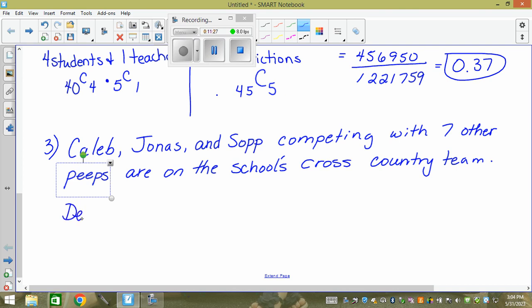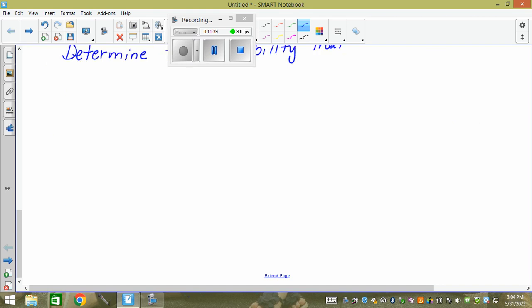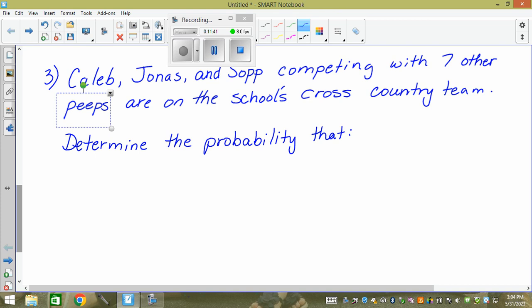Determine the probability that Caleb, Jonas, and Sop place first, second, and third.